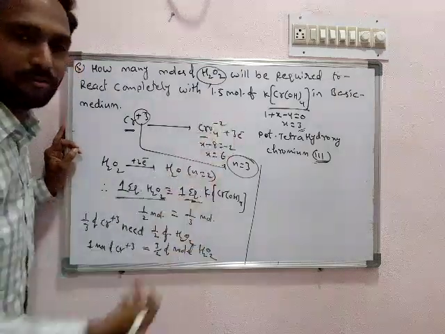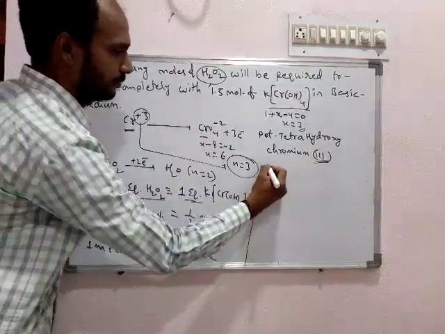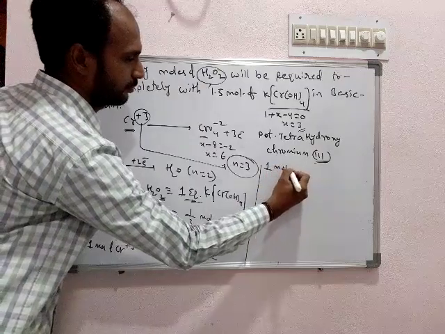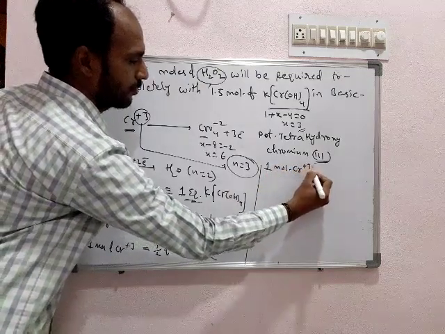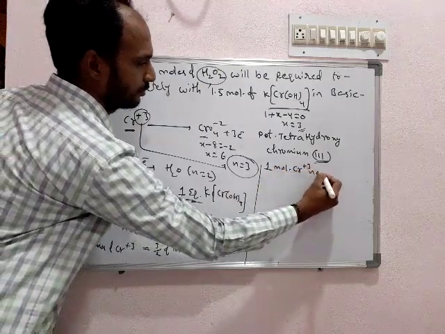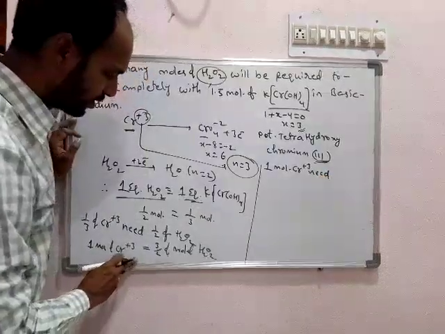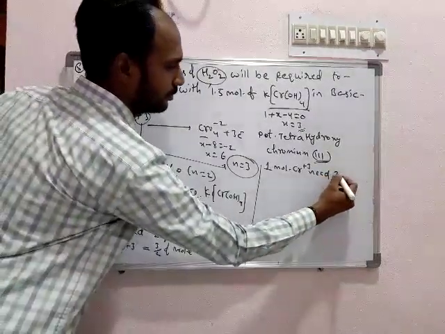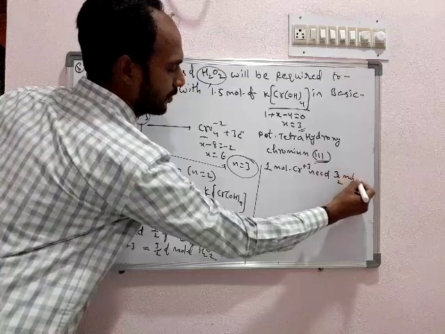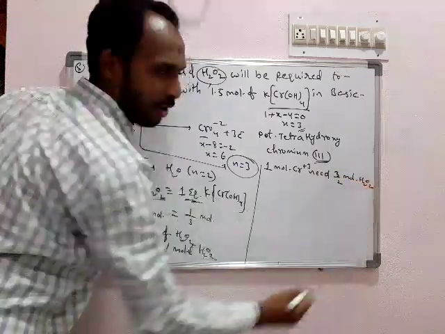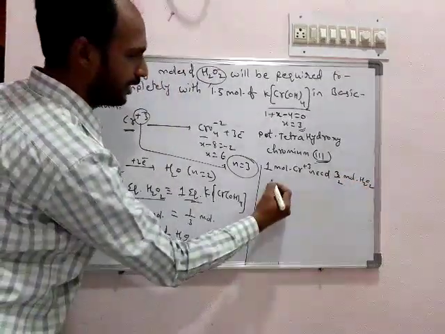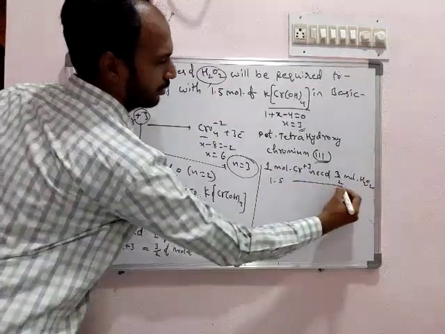Then what about 1.5? One mole of Cr plus 3 needs 3 by 2 mole of hydrogen peroxide. Then what about 1.5 mole?